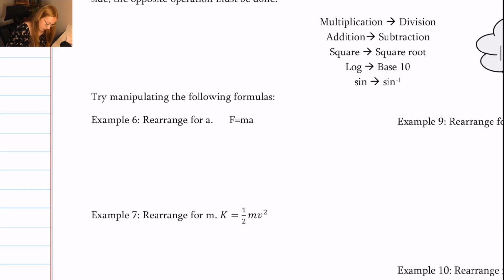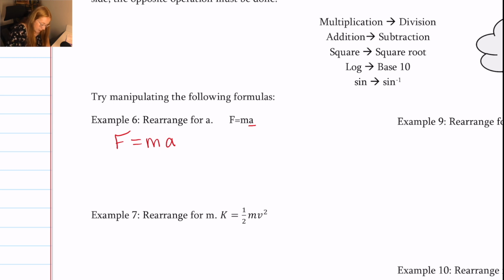Okay, so let's start with this first example. Rearrange for a. So I need a to be on one side of the equation. Let me go ahead and write the equation itself. F equals MA. That means it's being multiplied together if you don't see an operation. So we have M times A. The issue is I have M there. I need to move M to the other side so that A is alone. That's the goal.